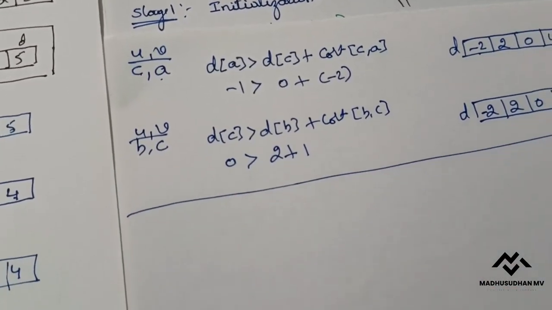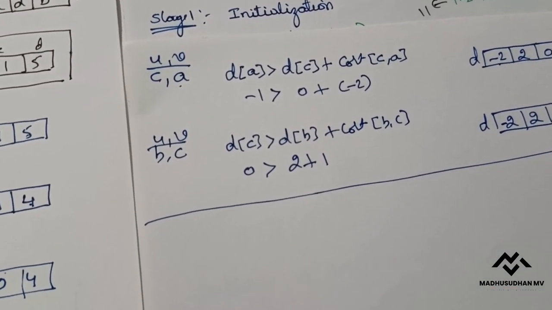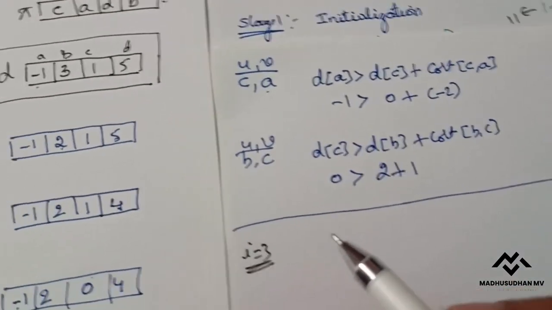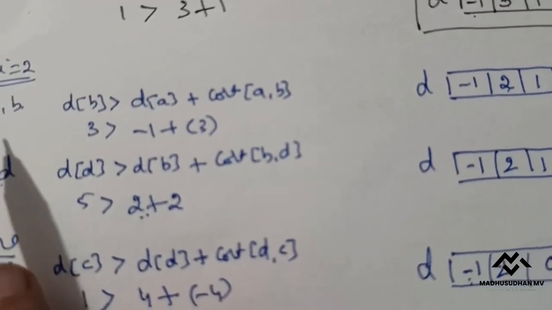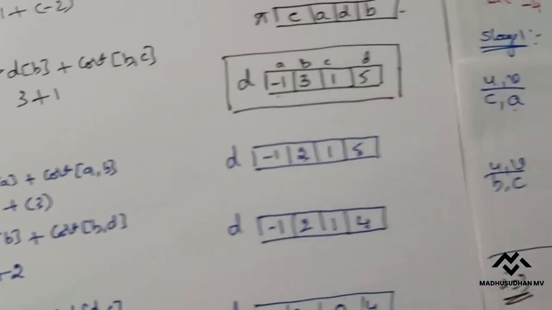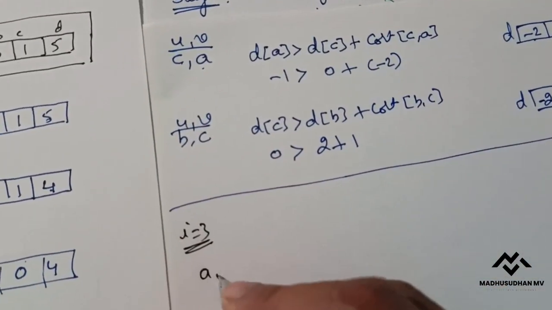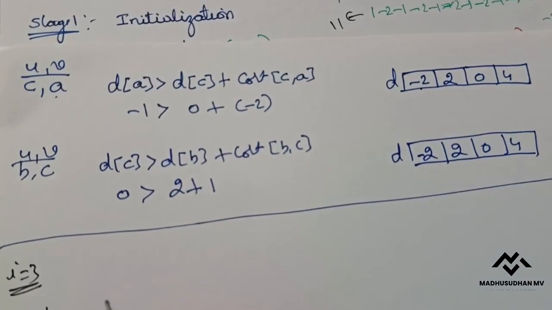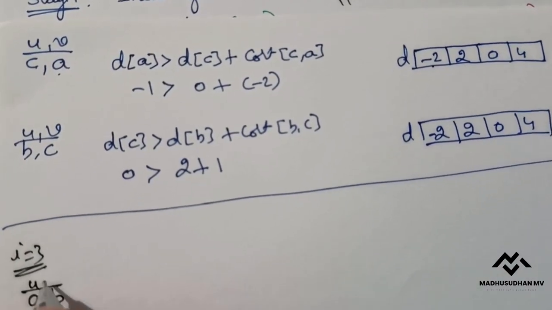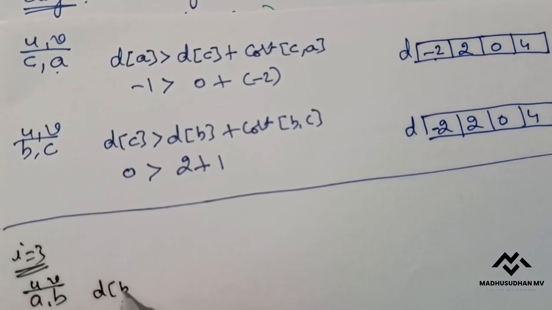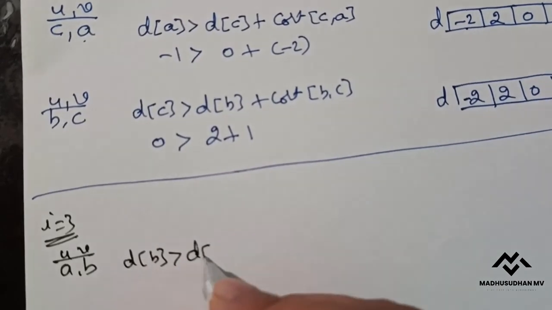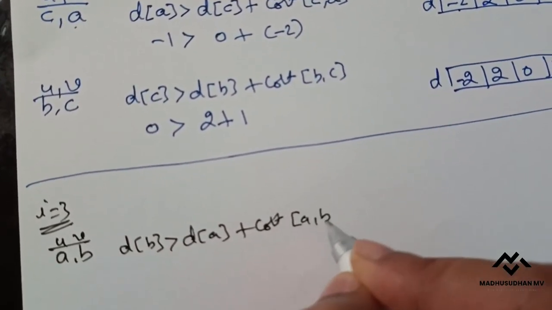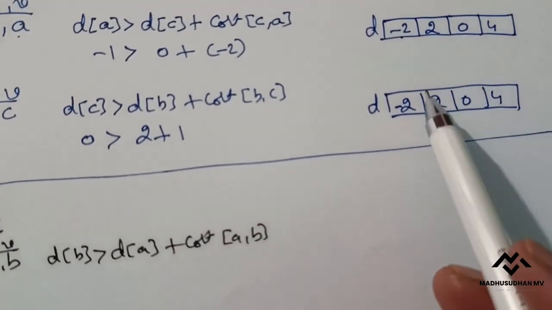So now finally I am doing for I is equal to 3. I is equal to 3 as usual. First edge A to B. So this is A to B. For A to B, here this is my U, this is V. So distance of B greater than distance of A plus cost of A comma B. Distance of B is what? 2.